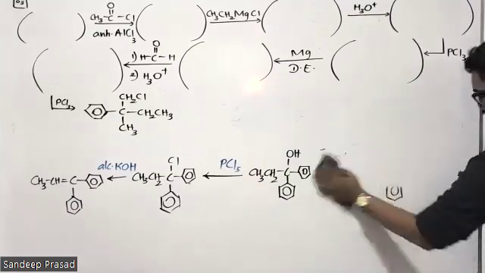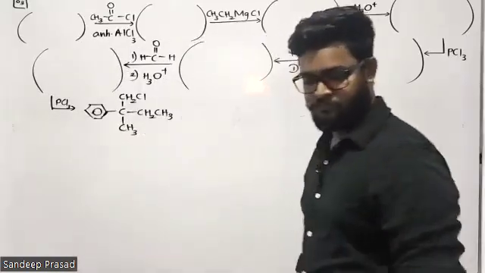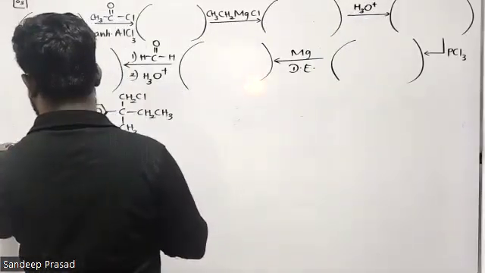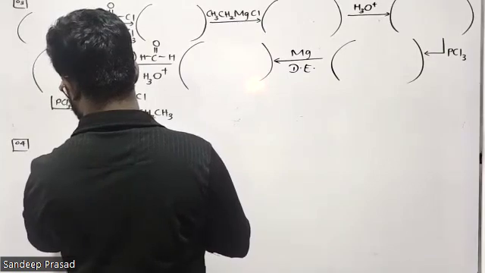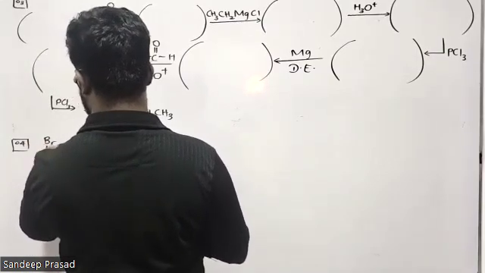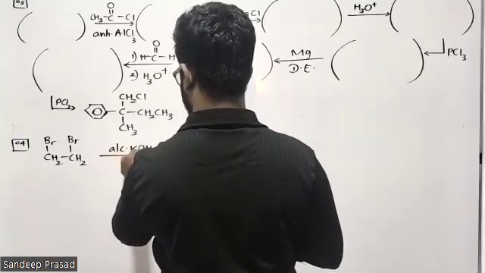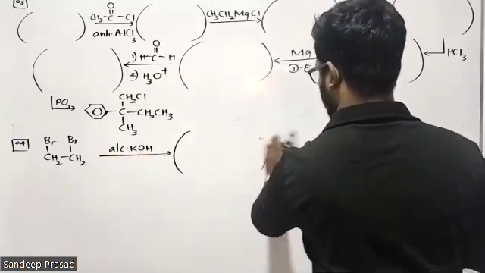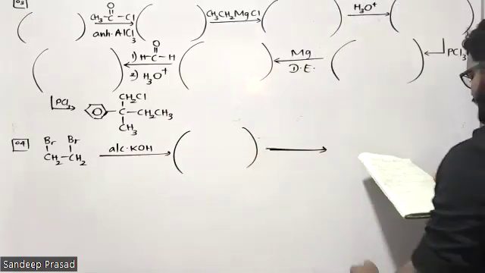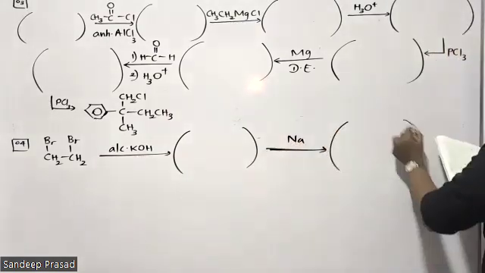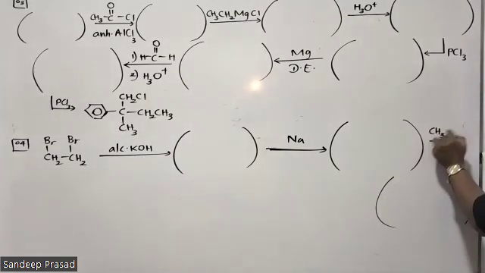The third one should be like this. Alcoholic KOH is added. Sodium is added. CH3Cl is added.